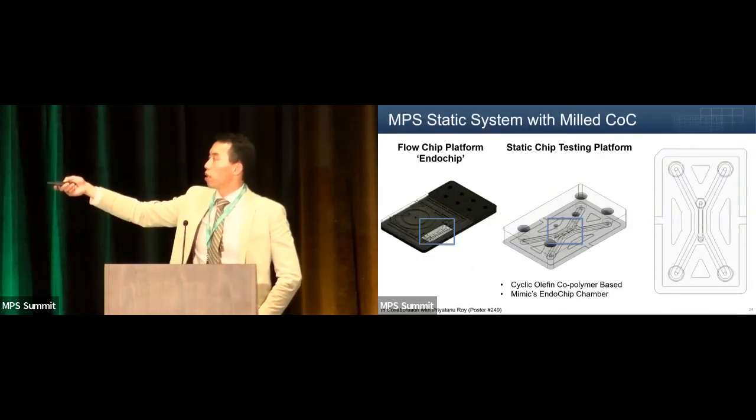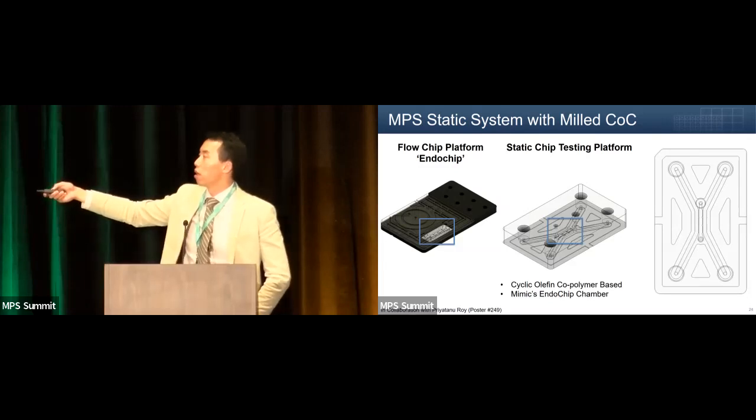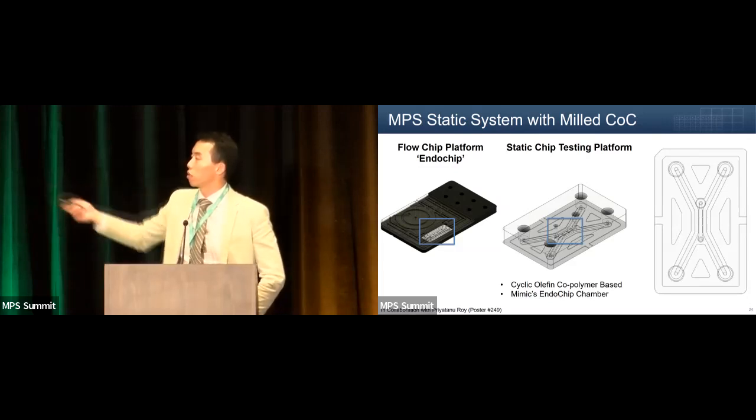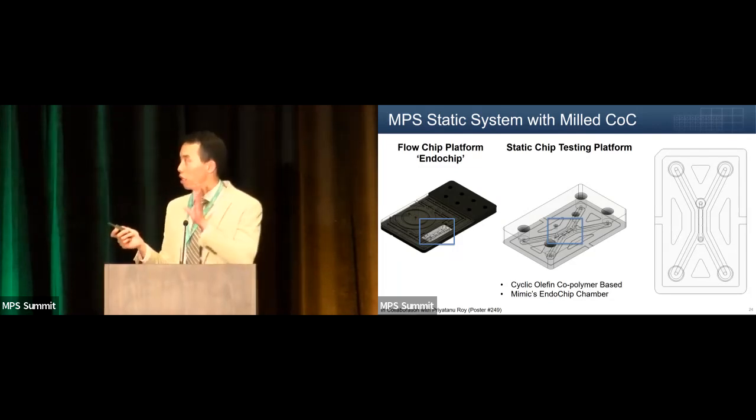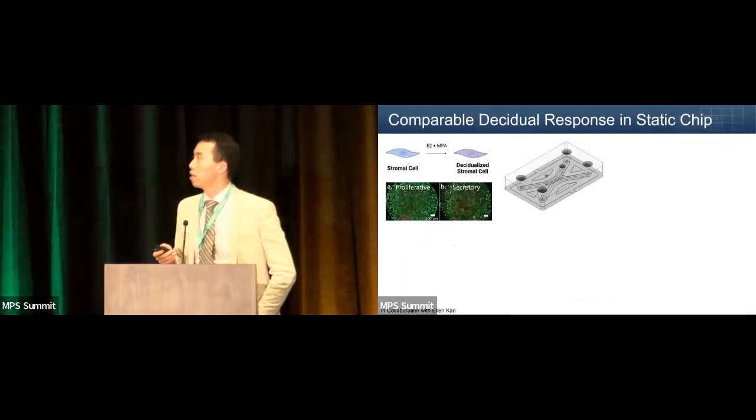To do this, in that more complex platform, we are currently recapitulating this into a static chip testing platform. This COC material, which is a thermoplastic, we also enlarged so we can do some pre-testing, and I'll show you a little bit of that story right now.